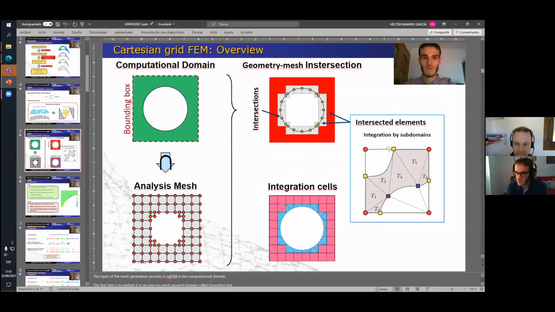Here you see how we capture the curved interfaces in our CAD element. We consider the exact definition of the geometry provided by the CAD. So we obtain the intersections of the CAD with our mesh, and then to consider the exact representation of the geometry, we use integration strategies.